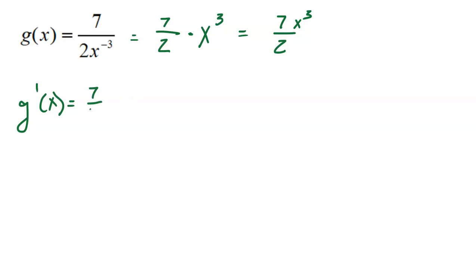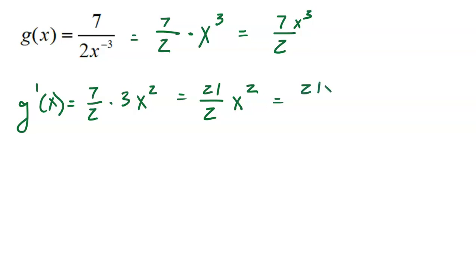The 7/2 is just a constant. It just stays there, right? The 3 falls down in front from the power rule, x to the 2. My old power was 3. 3 minus 1 is 2. The 3, my new coefficient, is going to join the 7/2. They're going to multiply together to get 21/2 x squared. Leave it just like that. Again, that's beautiful. I don't have a negative exponent, so no need to change anything.